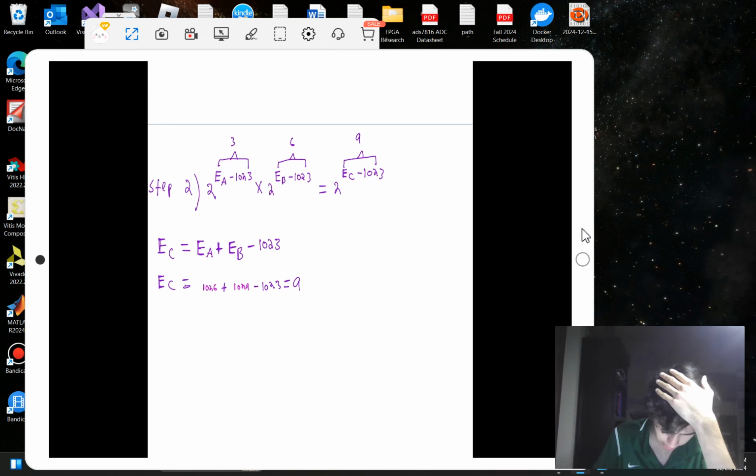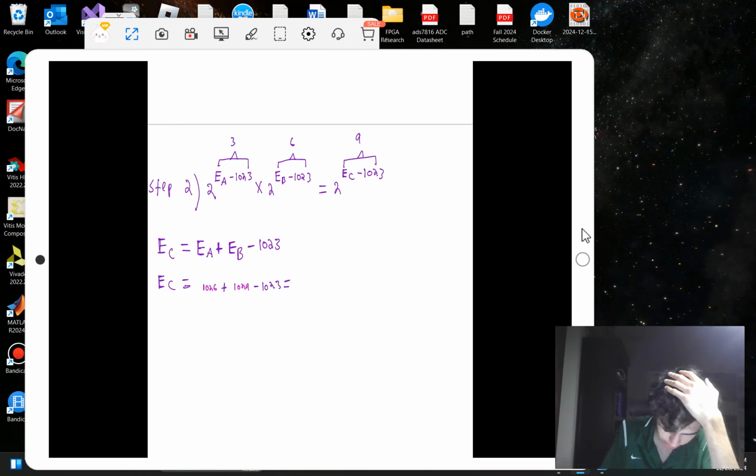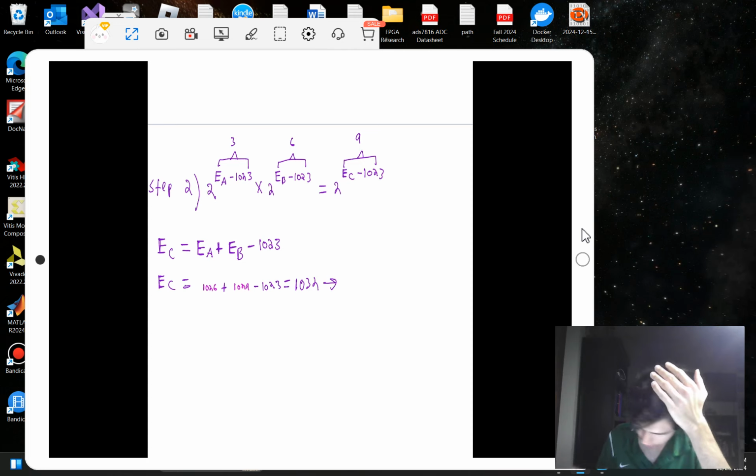Or actually, no, it won't be equal to 9. It'll be equal to EC. So 1026, 1029, 1023. It's equal to 1032. Yeah, 1032. And then that converted in binary will be this.